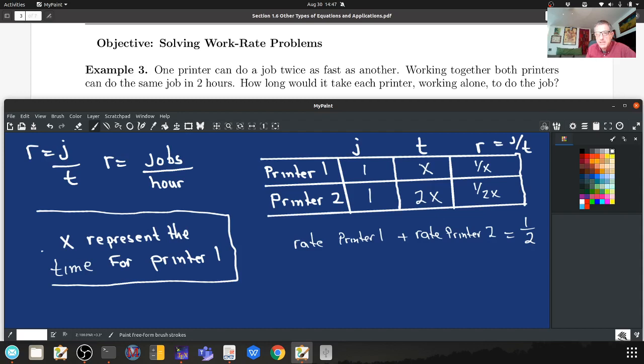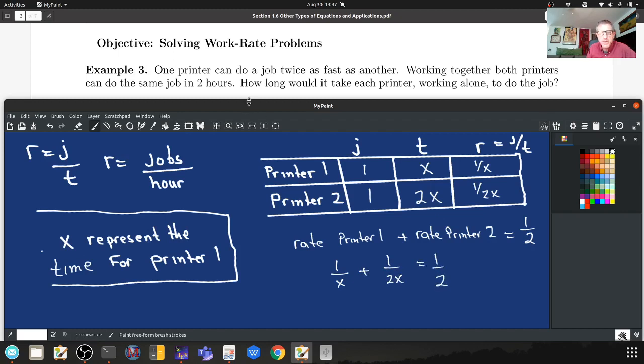So x is how fast printer 1 does it. Printer 2 can do it twice as fast. And since they can do the same job, the rate is one job over 2 hours. So the rate of printer 1, 1 over x, plus the rate of printer 2, 1 over 2x, is equal to 1/2.